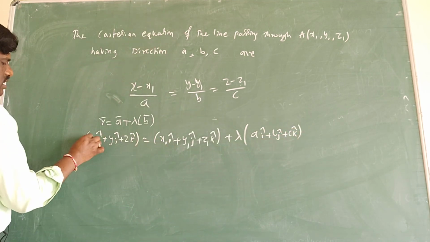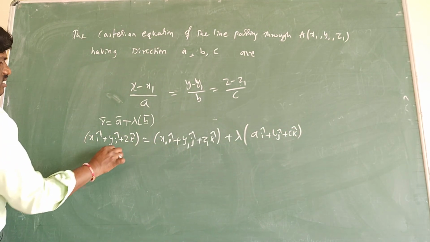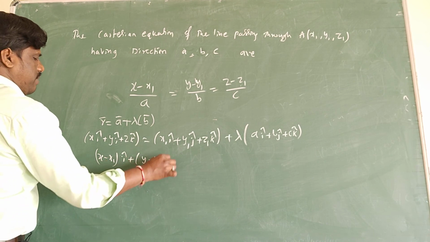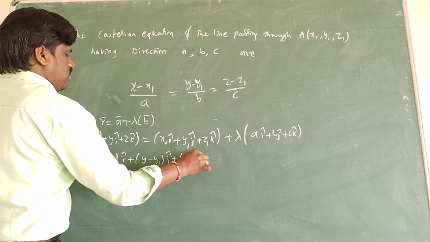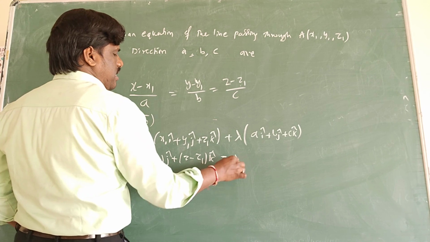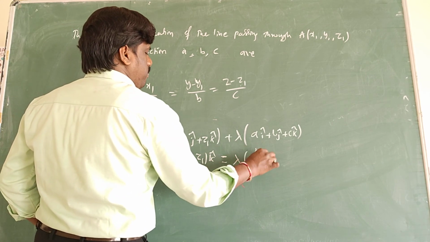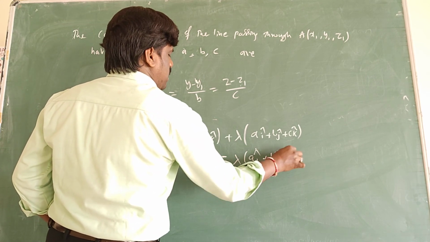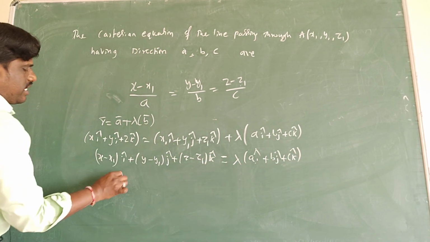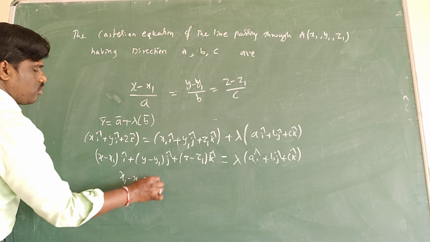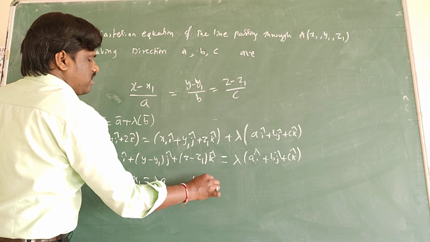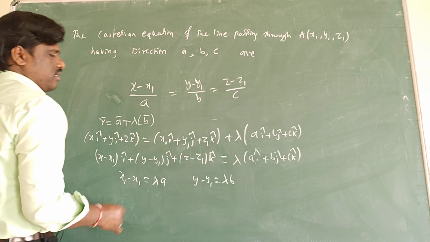According to this, if you send this to the other side and subtract, x minus x1 into i cap, y minus y1 into j cap plus z minus z1 into k cap, is equal to lambda times A i cap plus B j cap plus C k cap. Proofs are not required now. If you compare both, x minus x1 is equal to lambda times A, y minus y1 is equal to lambda times B.